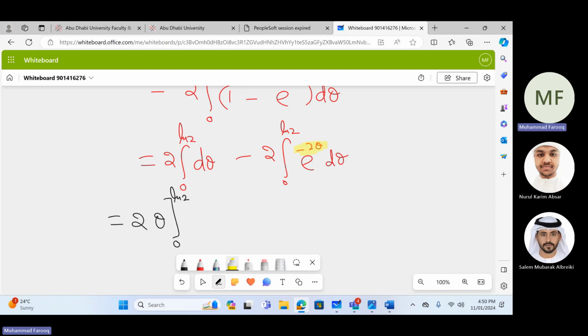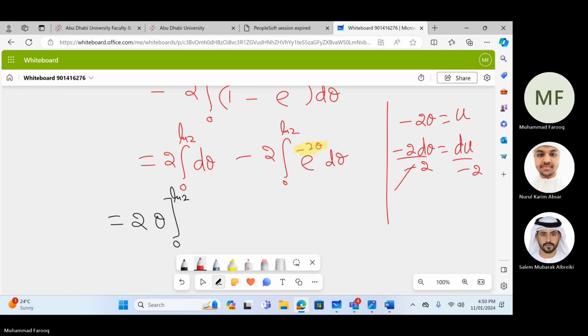Now for the integration of this one, let's take substitution. Let's take minus 2 theta equal to u. Now minus 2 d theta is equal to du. I need only d theta, please. So divide by minus 2 both sides. Cancel. What is d theta? Negative du divided by 2.